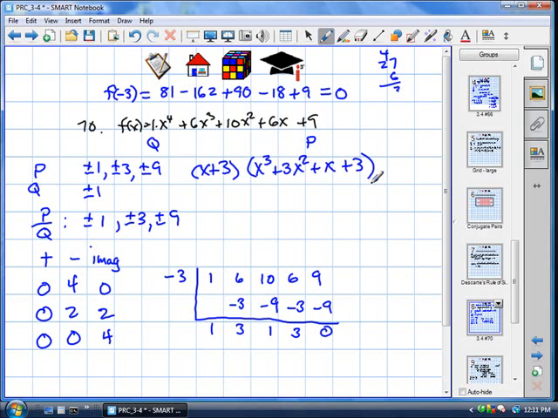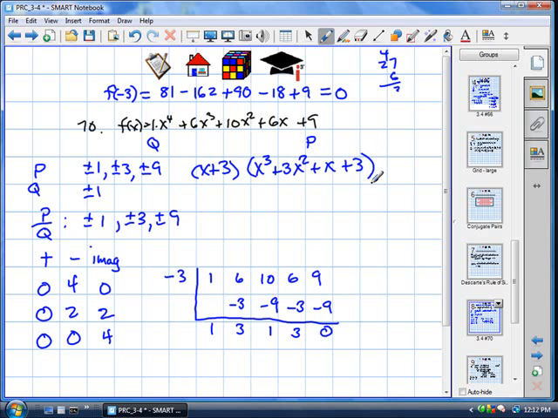Okay. Well, I still have a cubic. Guess what? I'm not done. Now, don't give up on negative 3. It could be that negative 3 is a solution twice. So, this is just some advice from me. You know, the last one we tried was negative 3, and we struck it rich, right? Let's try negative 3 again, only now I have good news for you. We can try it in a lower polynomial, this one.